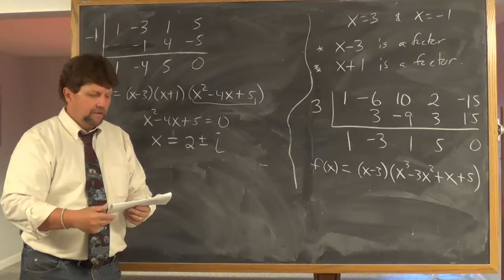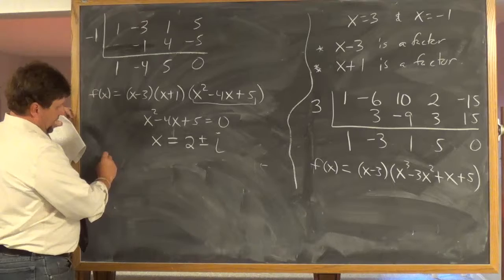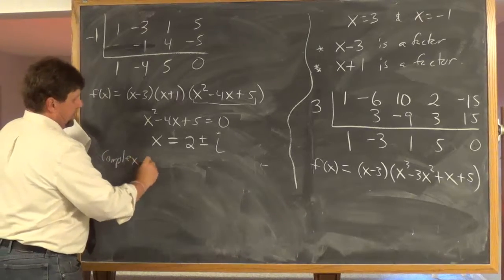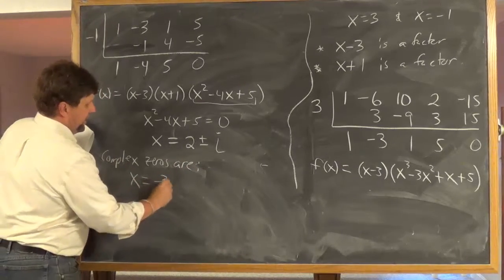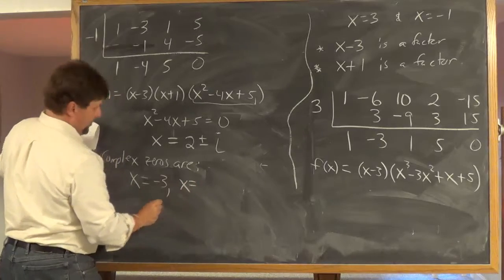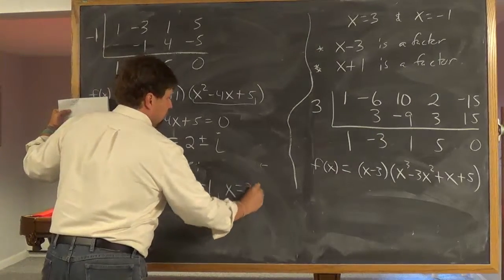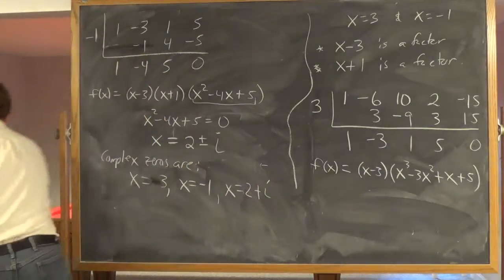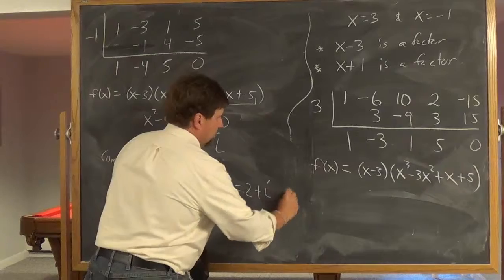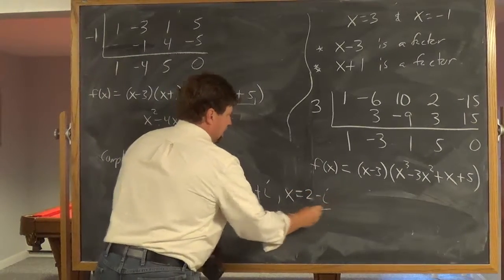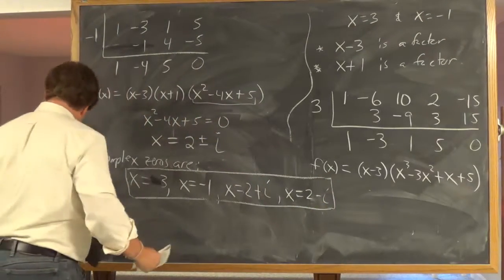So let's answer the question. What are all the complex zeros? The complex zeros are x is 3, x is negative 1, x is 2 plus i, and x is 2 minus i. 4 zeros.